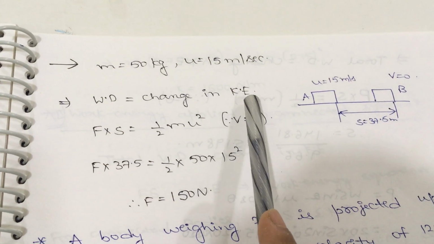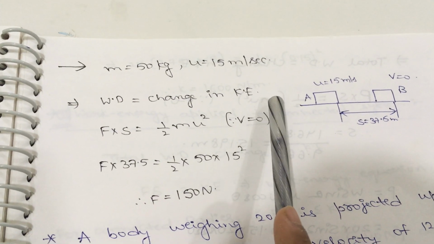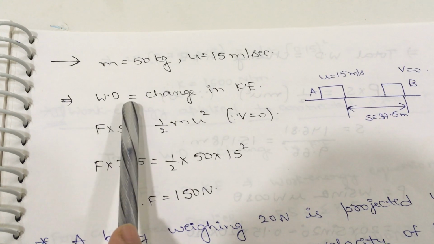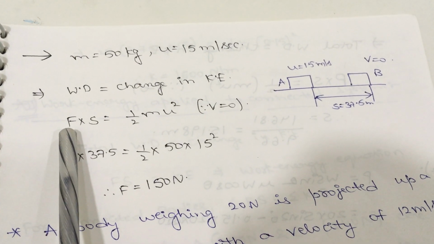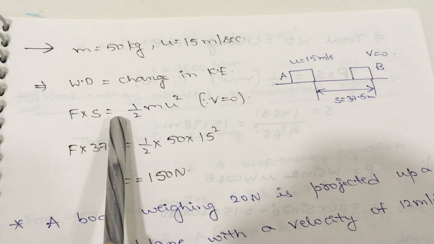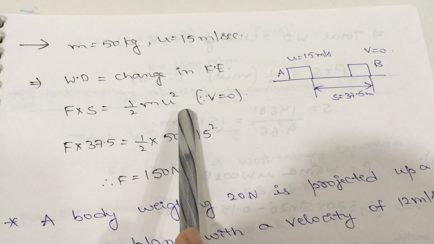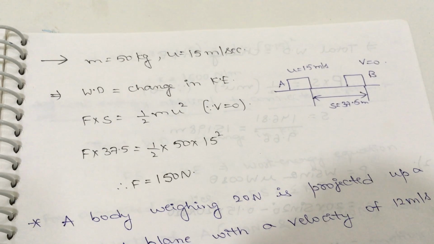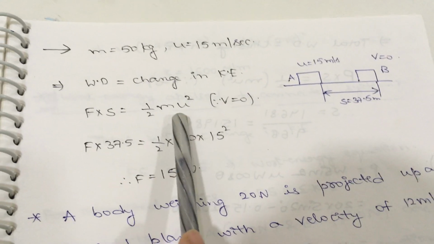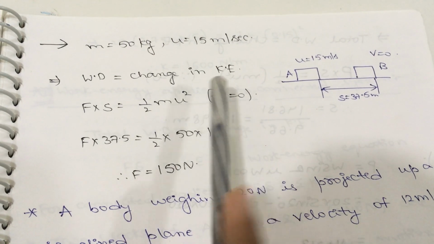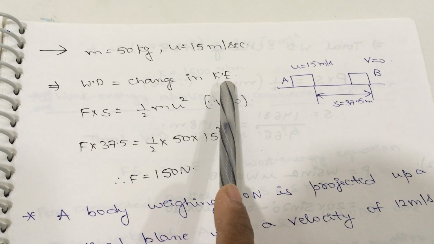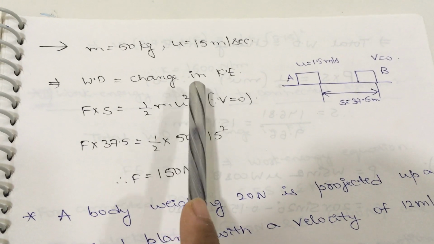So we need to apply the work energy equation in terms of the linear quantities, that is, work done is equal to change in the kinetic energy. In terms of the linear quantities, F into S is equal to half mv square minus half mu square. According to the problem, v is equal to 0, so in the change in the kinetic energy you will get only one velocity term in the kinetic energy formula, that is half mu square.